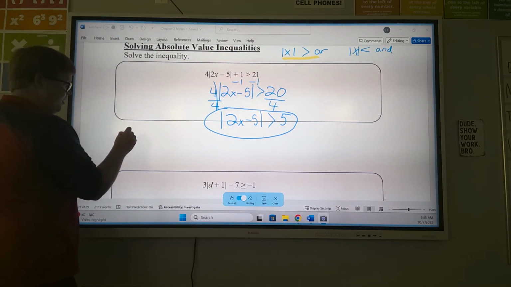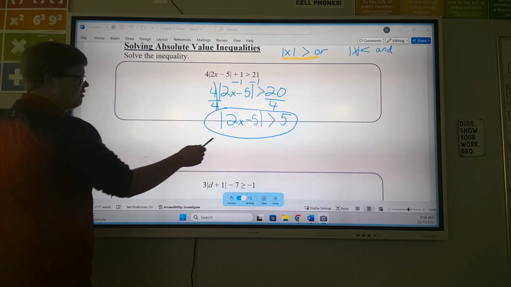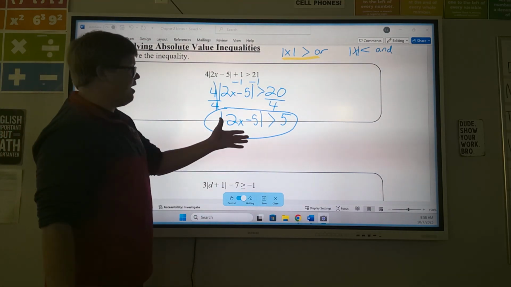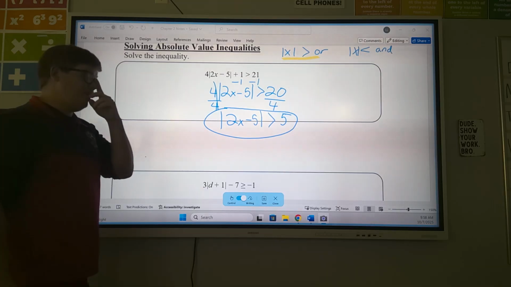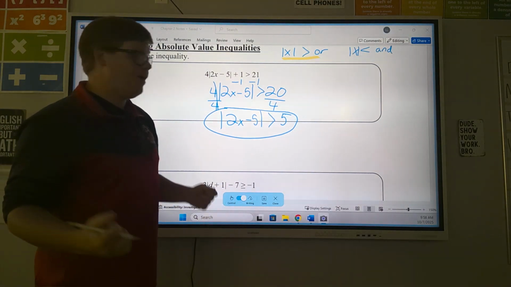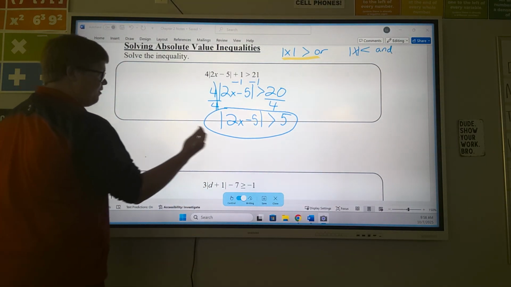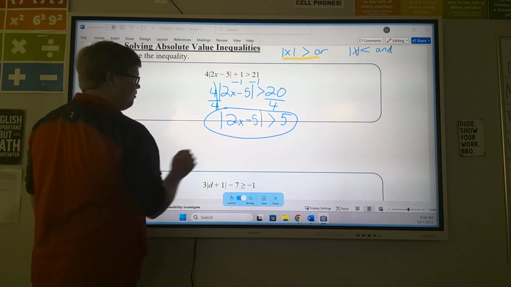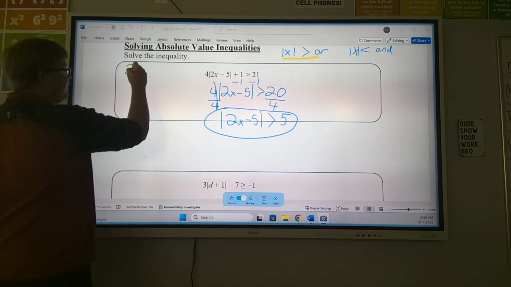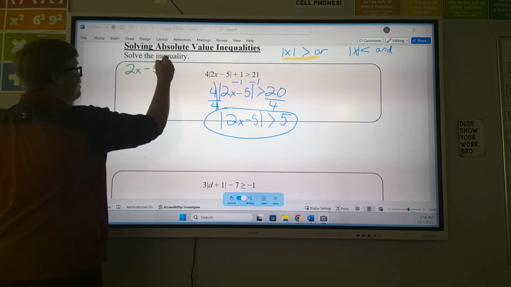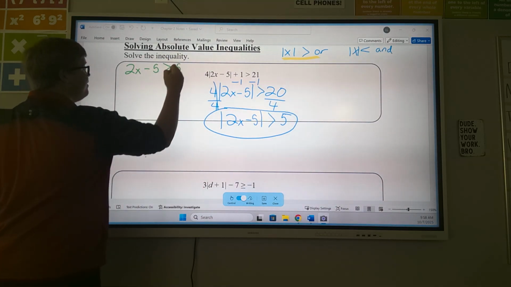Now we discussed earlier that our sign makes it an or instead of an and inequality. So that means we have to write two different equations. For the first equation, we can literally copy and paste what we have: 2x minus 5 is greater than 5.